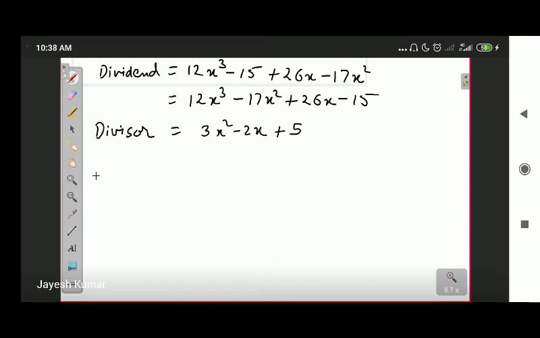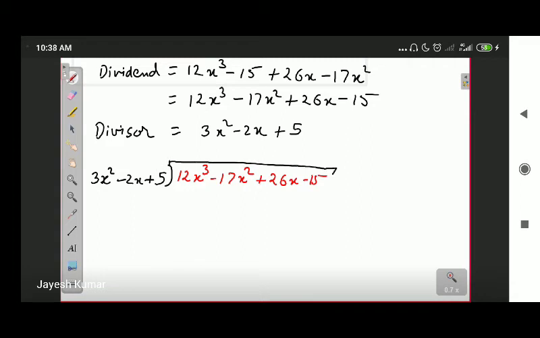We are dividing 12x cube minus 17x square plus 26x minus 15 by 3x square minus 2x plus 5. Once again, back to the rules of division: we only need to concentrate on the first term of the divisor and the first term of the dividend.